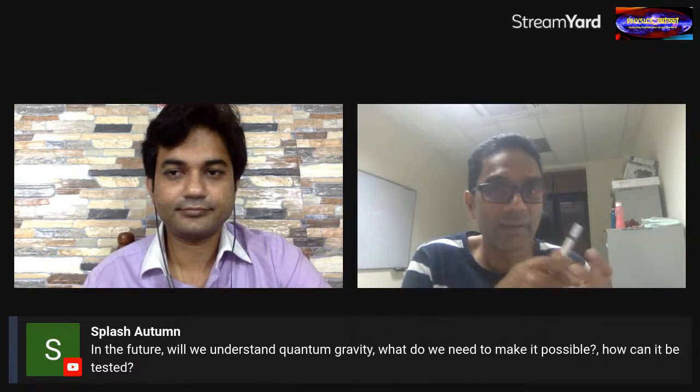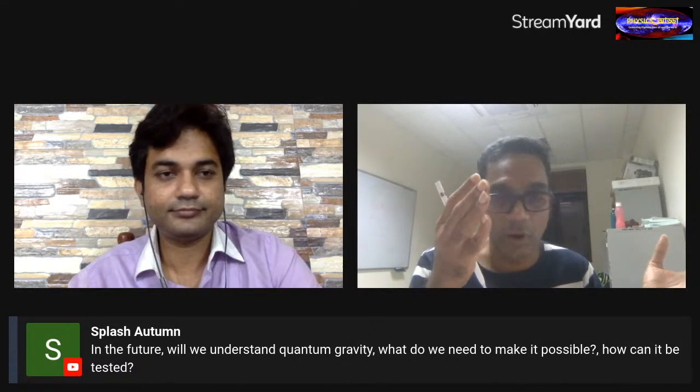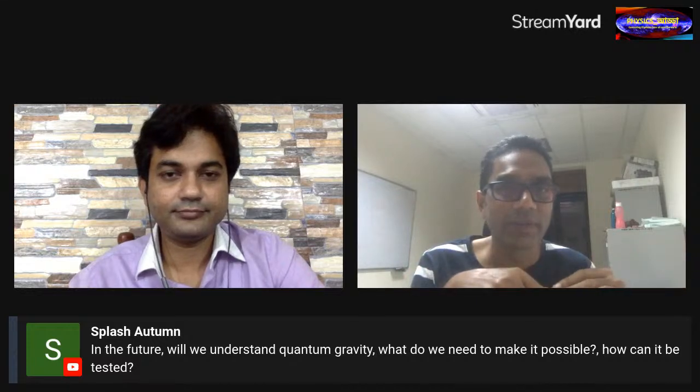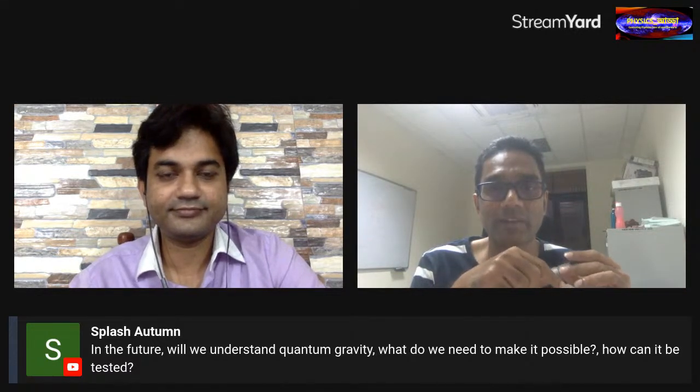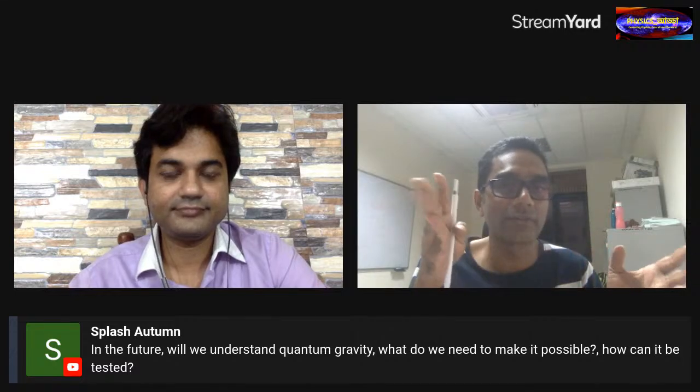Perhaps people should work on many ideas, and perhaps when we can actually access those energy scales where we can test ideas of quantum gravity, experimental verification will either rule out or not rule out certain ideas. Until we can do the experimental verification, I think it is fair to say that we should be working on many different ideas.